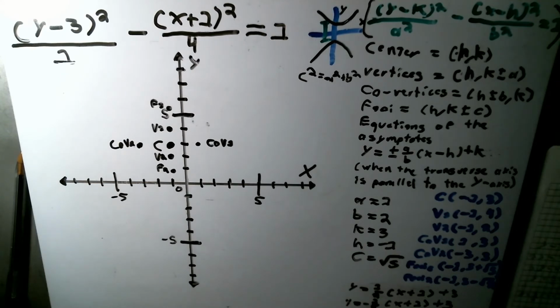So what to do from here? Another thing that I want to do is look at these two equations, the equations of the asymptotes. You can notice something.